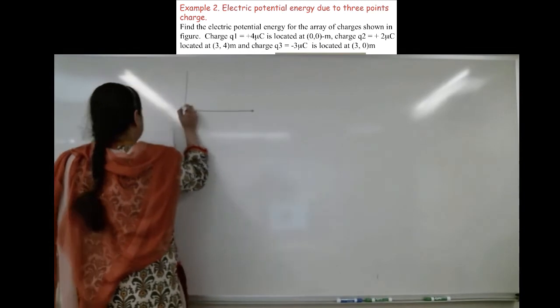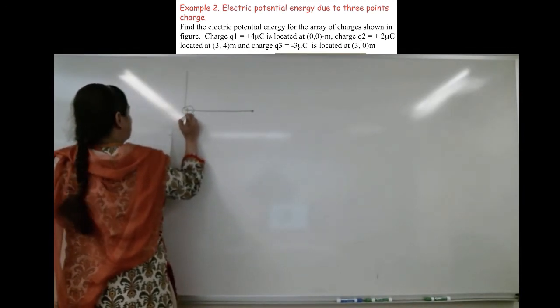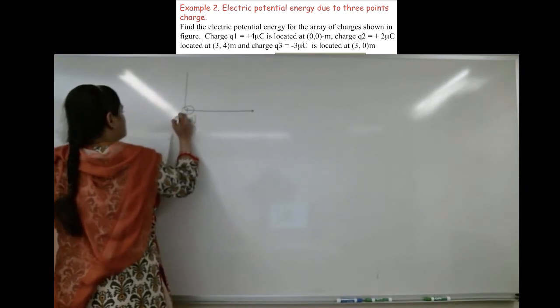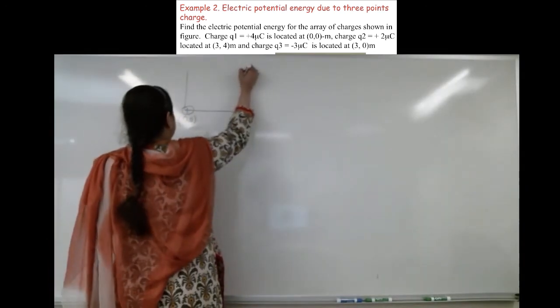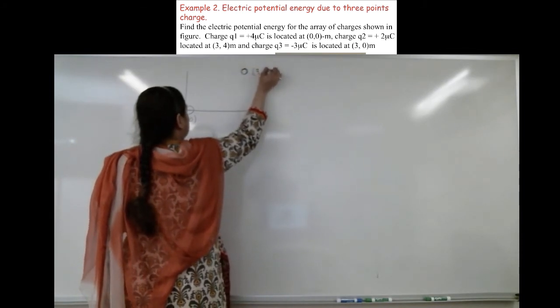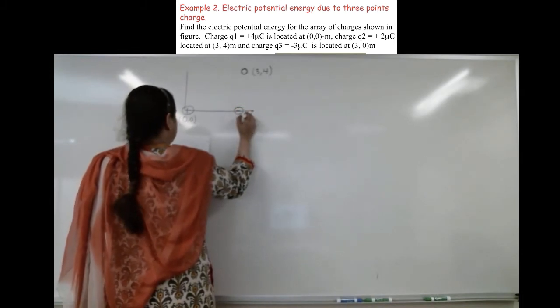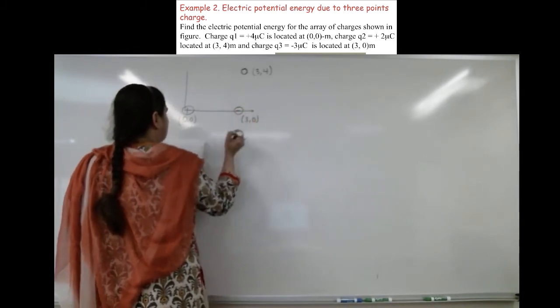Charge Q1, which is a positive charge, is located at 0, 0. Charge Q2 is located at 3, 4. And charge Q3, which is a minus sign, is located at 3, 0.